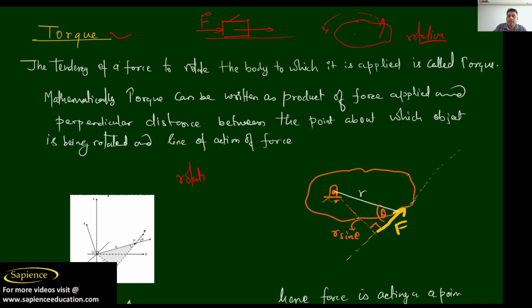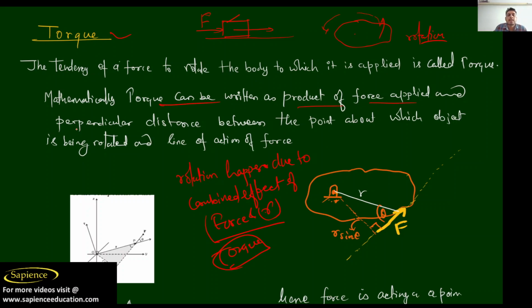Rotation happens due to the combined effect of force and distance, and this combined effect is called torque, and due to torque only are we able to rotate any body. So mathematically, torque can be written as the product of the force applied and the perpendicular distance between the point about which the object is being rotated and the line of action of force.